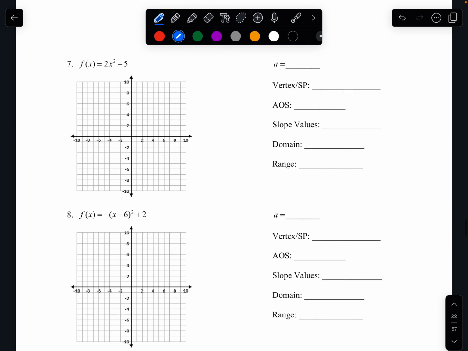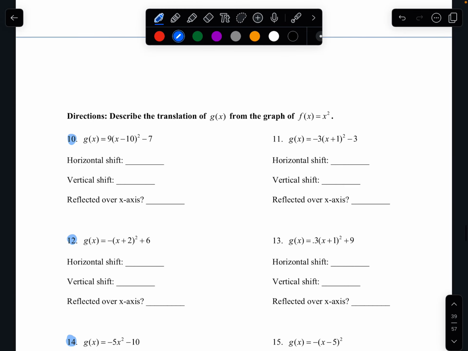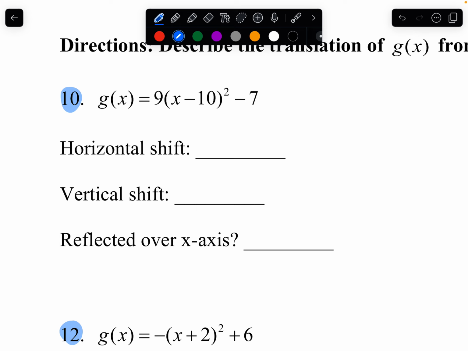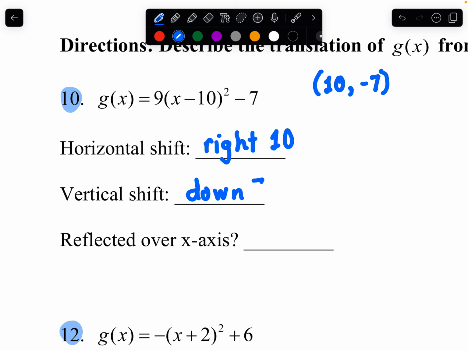You could try the rest on your own, but let's take a look at just these shifts. The shifts, they're just asking me what's going on with this. So if you think about it from the origin, from 0, 0, this vertex is 10, -7. So that means we have a horizontal shift where the vertex is going to go right 10, and it's going to be moved down 7 units.